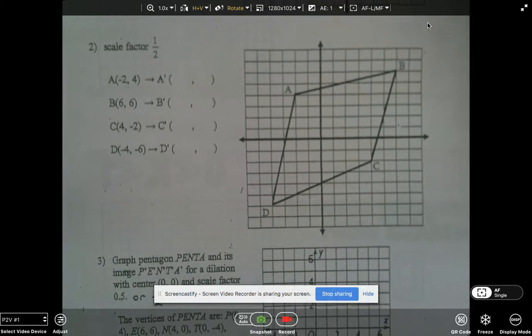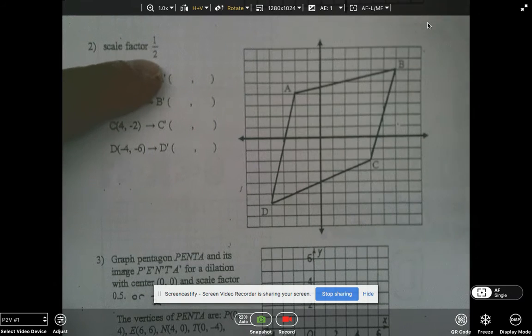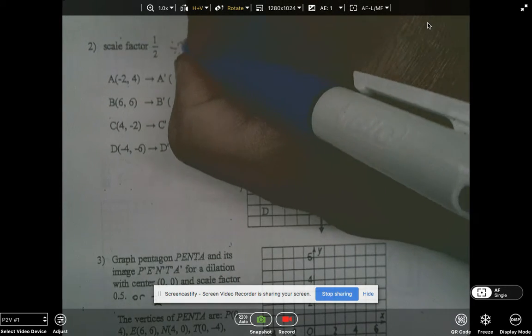All right, number 2, we'll do the same thing together. This time we're going to multiply the coordinates of this quadrilateral ABCD by the scale factor 1/2. So can someone tell me, if you multiply, just like the example we did before, 10 times 1/2, what are you really just doing? Yeah, you're dividing by 2.